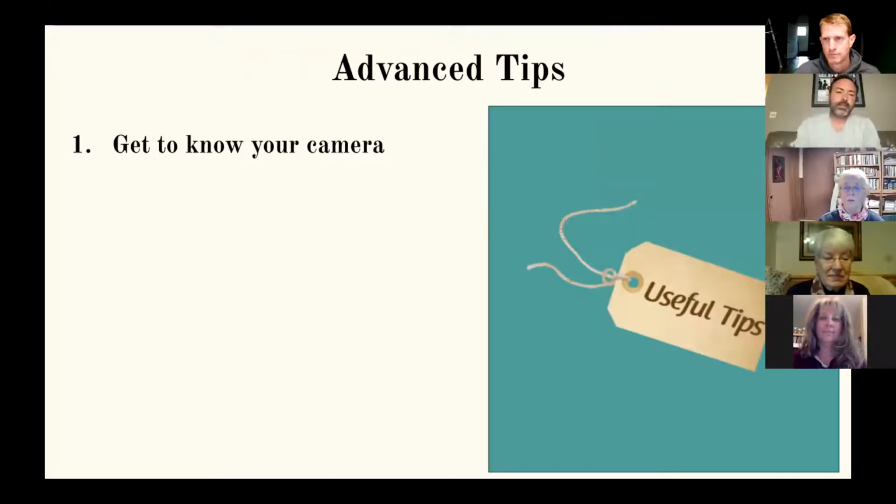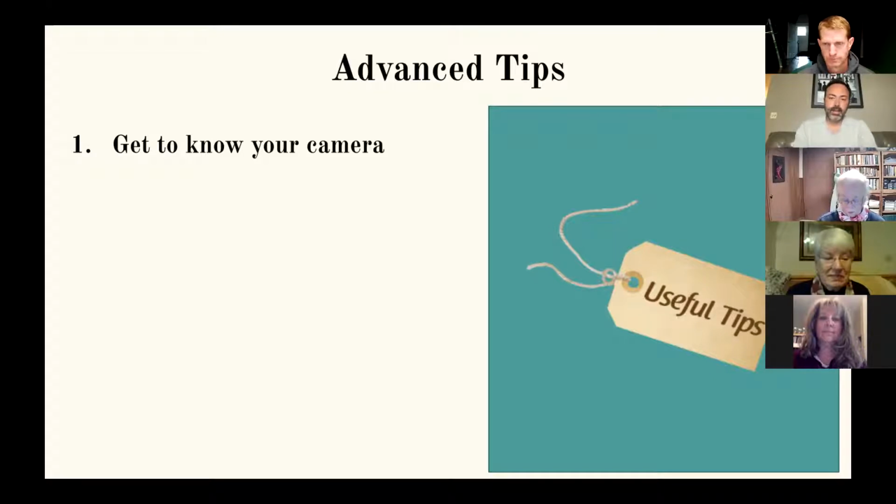Obviously, your phone is your most convenient camera for most people, but that doesn't always mean it's your best quality option either. But whether you're using a cell phone or a GoPro or any other type of camera, it's really important to make sure that you know how to use your camera as best as possible. And for any camera system out there, you can go to YouTube and find lots of tutorials, tips and tricks.